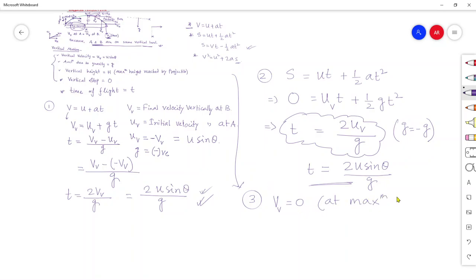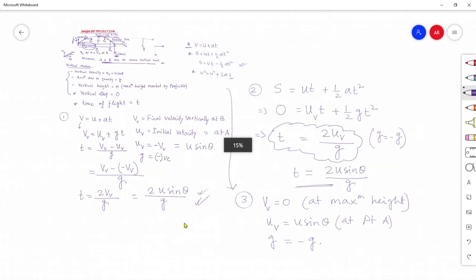At maximum height, the vertical velocity is 0, and uv is u sine theta, which is maximum. It is at point A, and it is rising up, so g is going to be negative g.